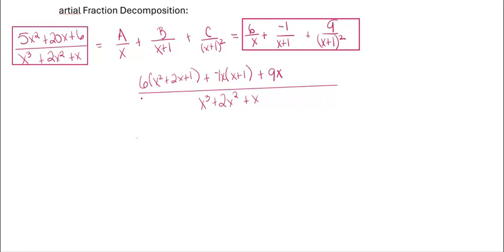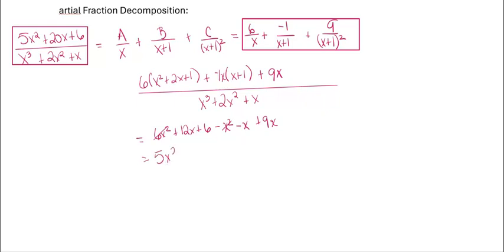Now again, I'm just going to be working with my numerator here. So I've got 6x squared plus 12x plus 6 minus x squared minus x plus 9x. Alright, so now I'm going to collect like terms. So 6x squared minus x squared gives me 5x squared.